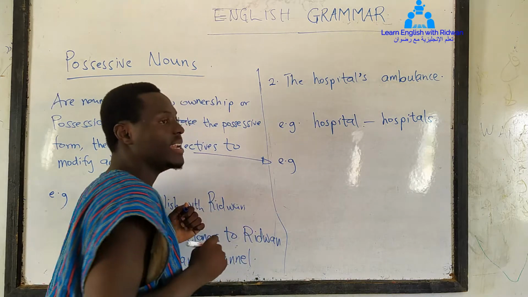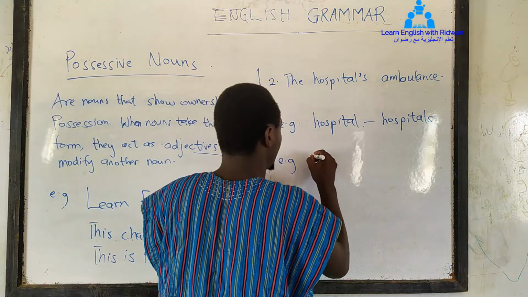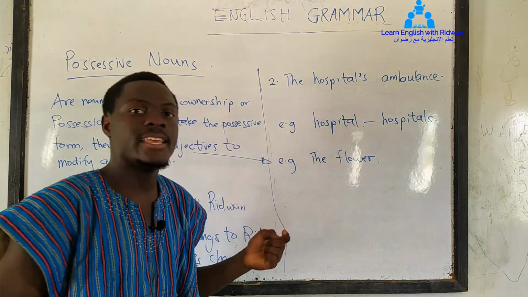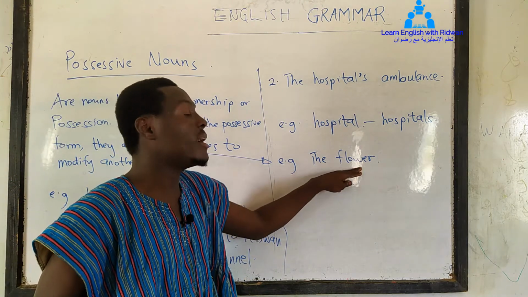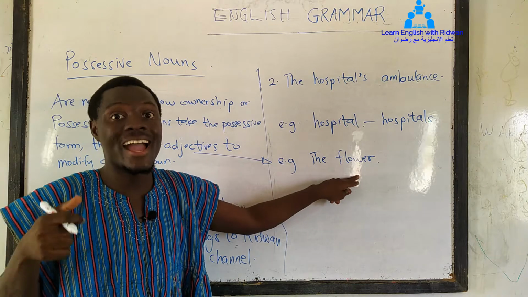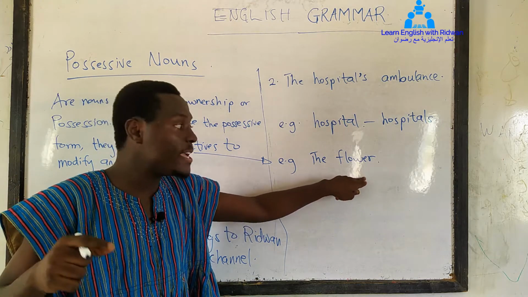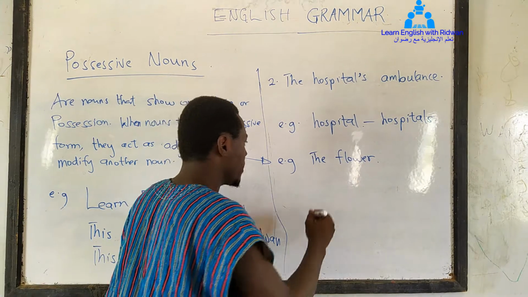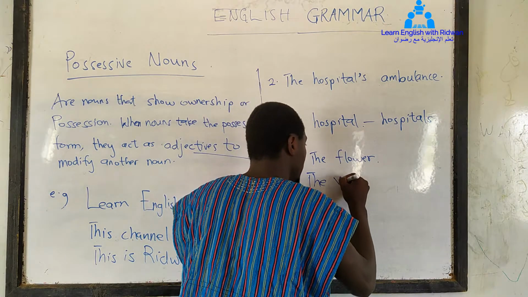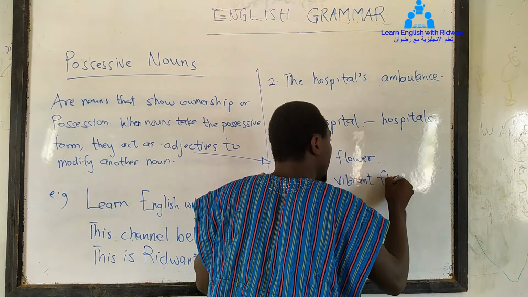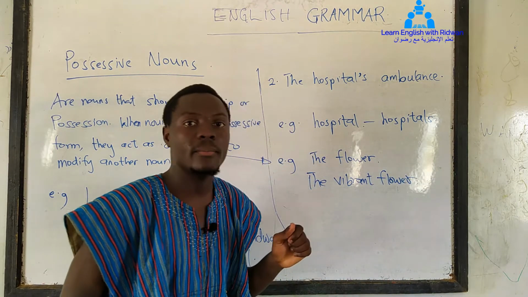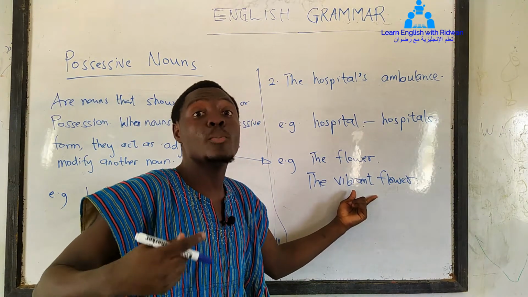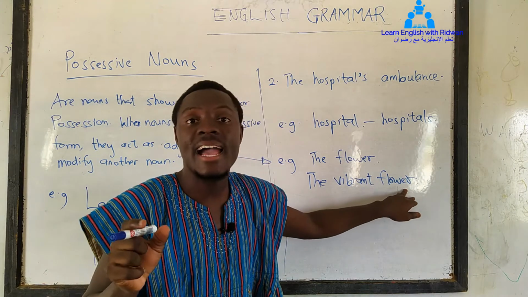مثلا لدينا the flower. flower هذه الزهرة. إذا هذا نقول flower هو اسم. flower أي الزهرة هي اسم. that is flower. لكن إذا قلنا the vibrant flower، إذا الآن أتينا بكلمة جديدة، وهذه الكلمة سيبين لنا هذه الزهرة.